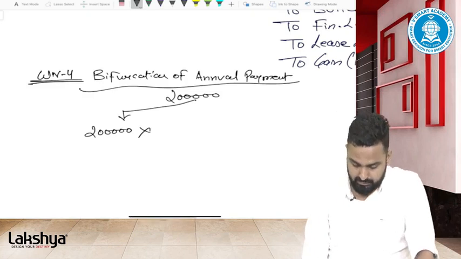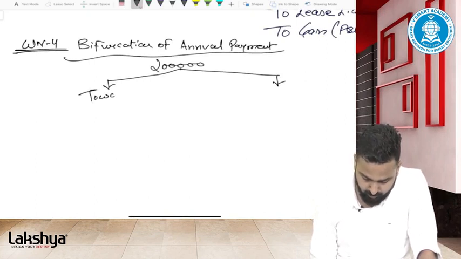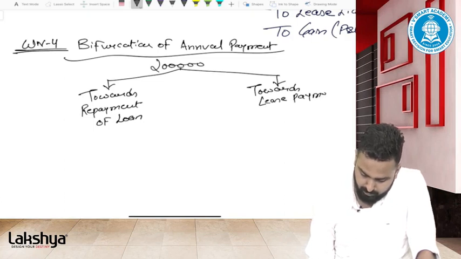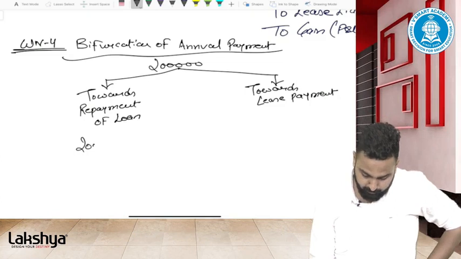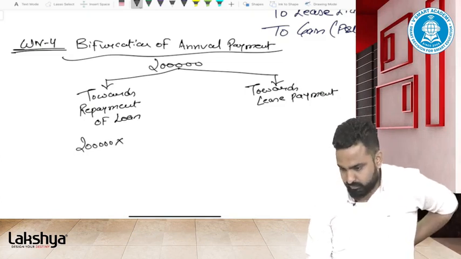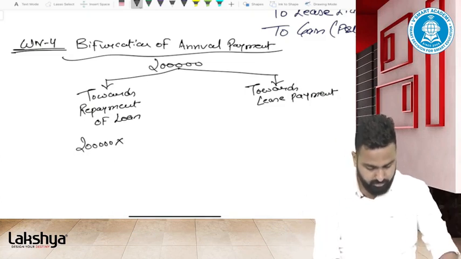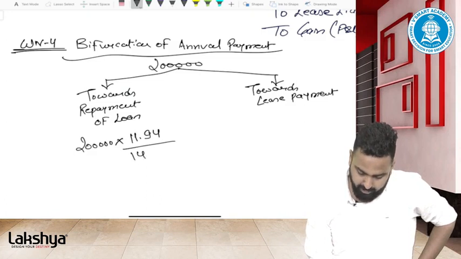Tell me how to bifurcate. 11.94 divided by 14.94.